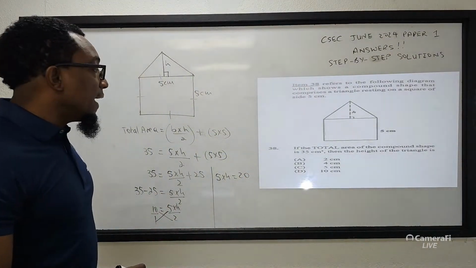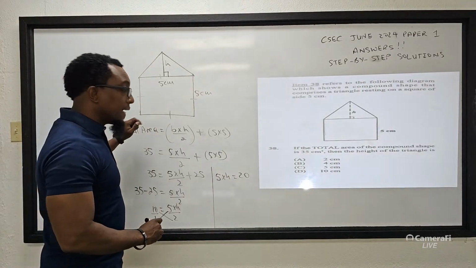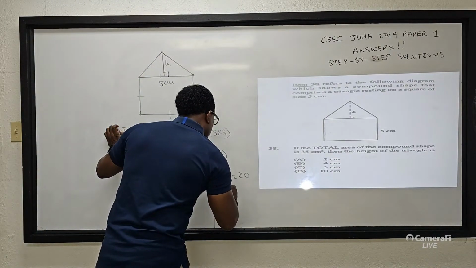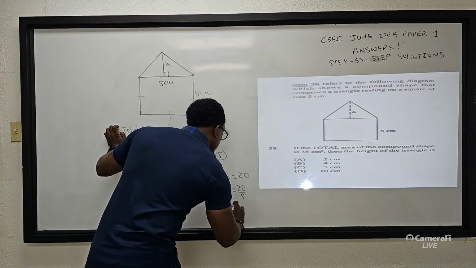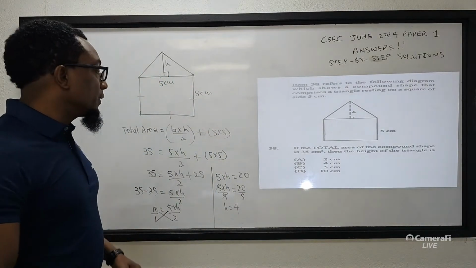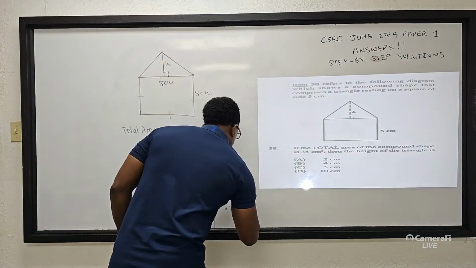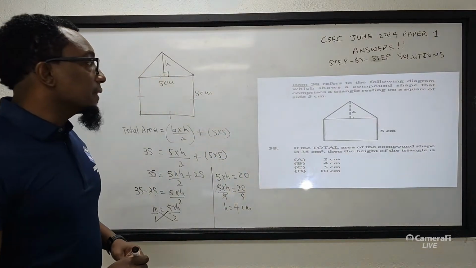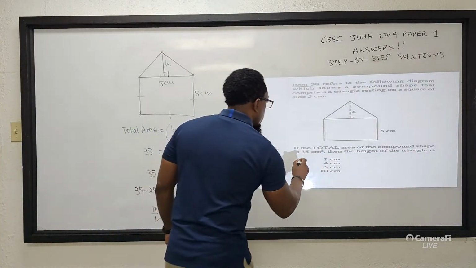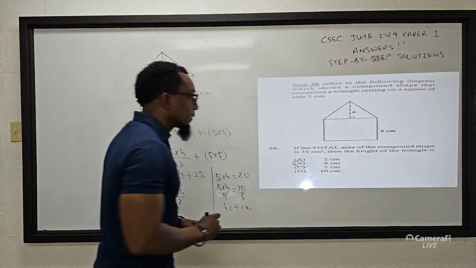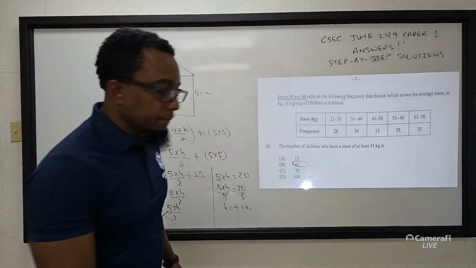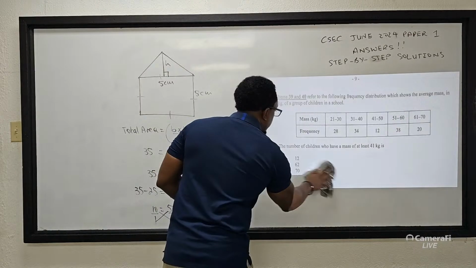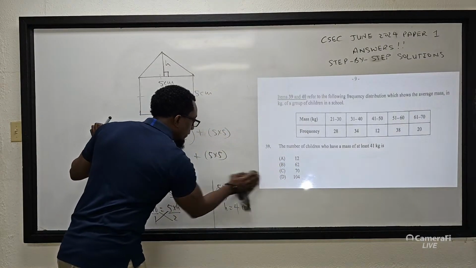Therefore, to get the perpendicular height of that triangle, I'm going to divide both sides by 5. So h is equal to 4. So the height is equal to 4 centimeters. So the answer there for 38 is B. Alright, let's move on to 39. We have a statistics question here.